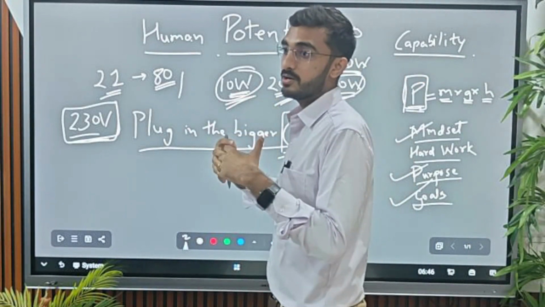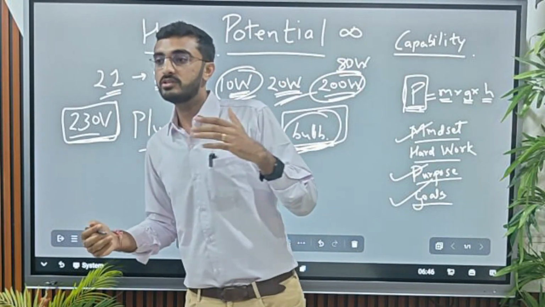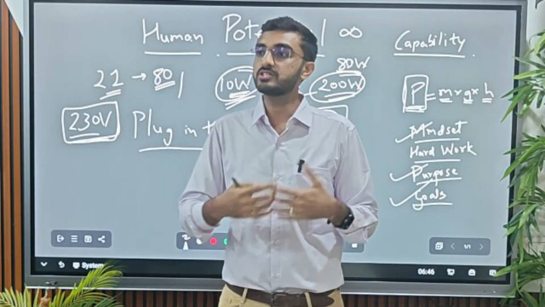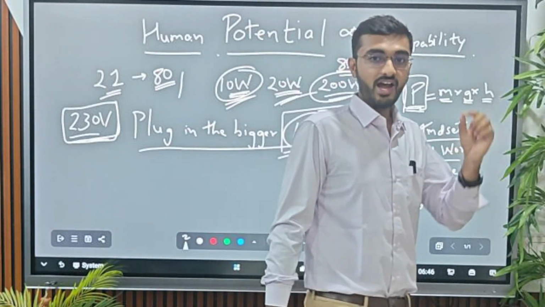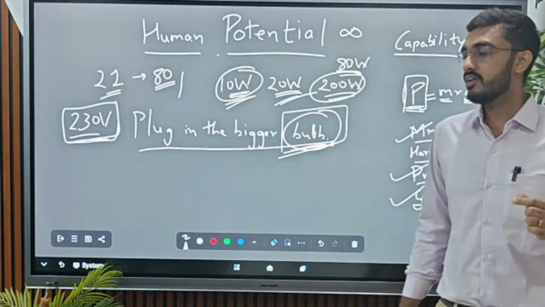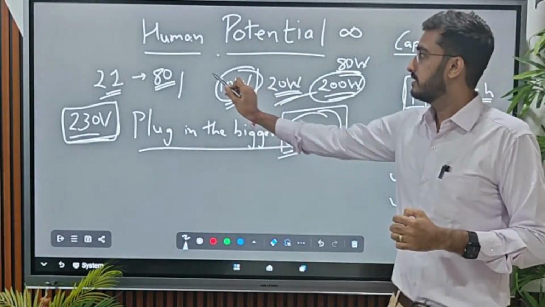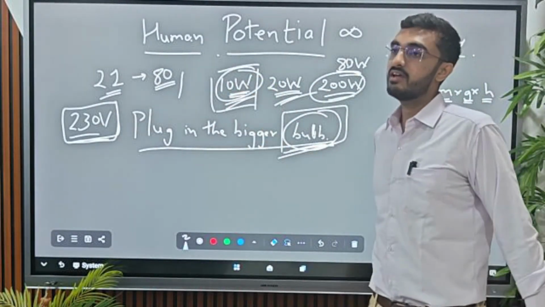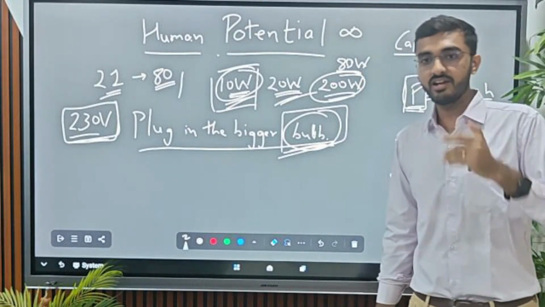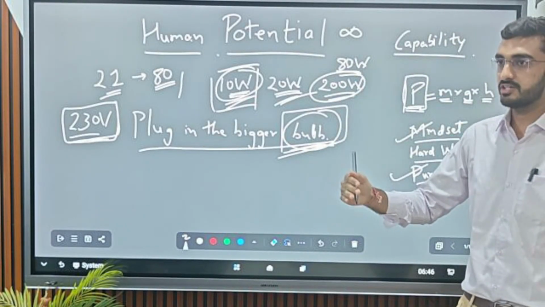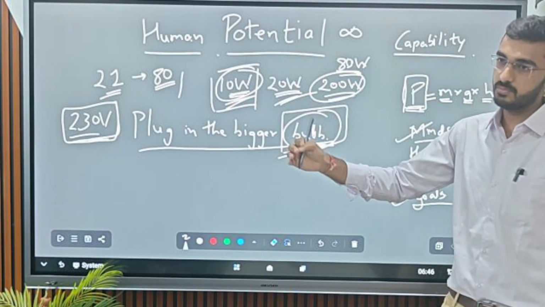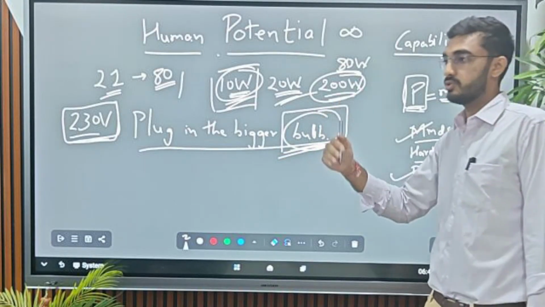Depending upon that, your potential will expand. Depending upon that, you will do much better things, much greater things. But if the idea itself is small, then the potential is never reached. You'll stay limited at the 10-watt potential. That, okay, I'm just going to get a job, or I'm just going to do this, or I'm just going to do that.